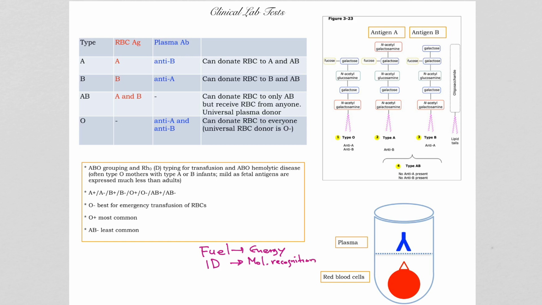Now, why these different red blood cells have these different types, type A, type B, type O, we are not certain, but there are recent articles that talk about the relationship between the ABO types and the type of microbes that you find in the colon.